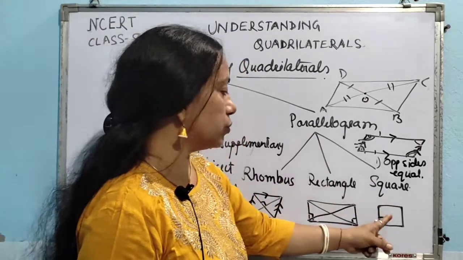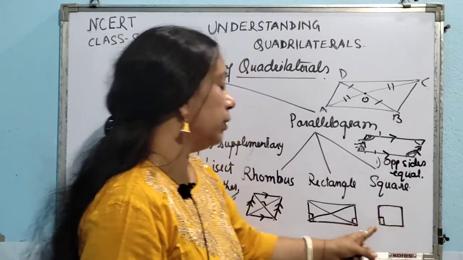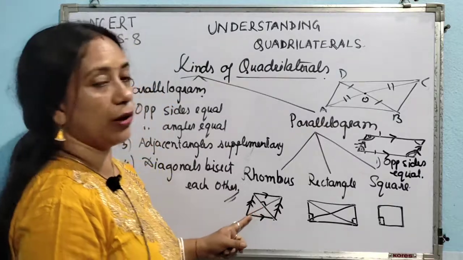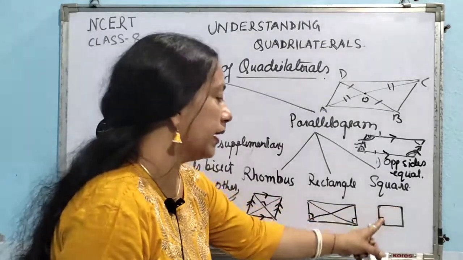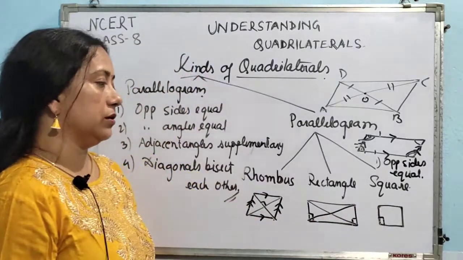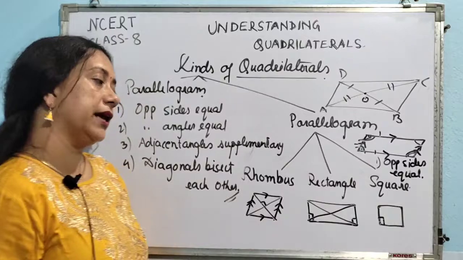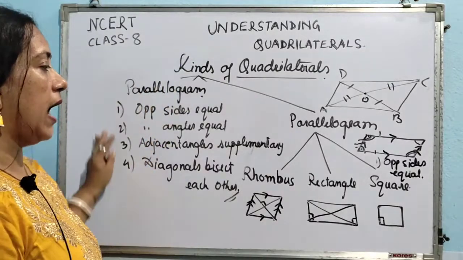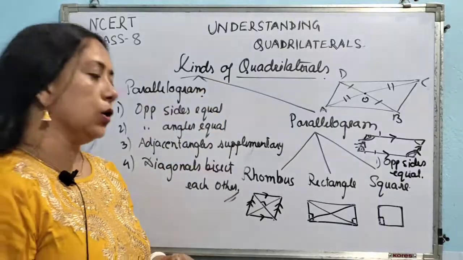In case of square, the diagonals will be of equal measure, which is not the case in a rhombus. Okay. In case of square, the diagonals will be of equal measure and all the angles are of measure 90 degree. So with that, we have understood the entire concept of the different kinds of quadrilaterals.